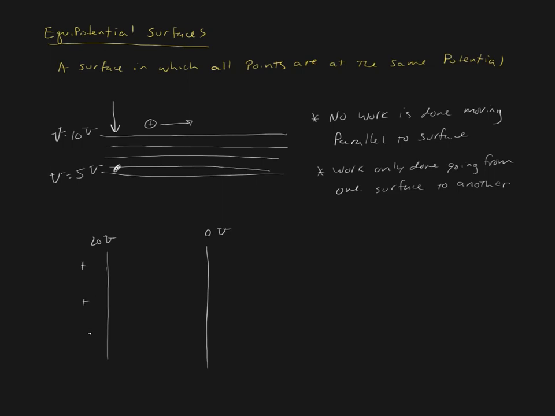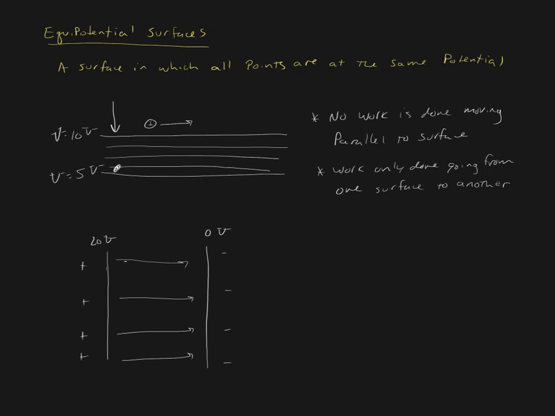We have a positive plate and a negative plate, and we know that the electric field points straight across from one plate to the next. Now the equipotential surface is everywhere that the potential is the same.